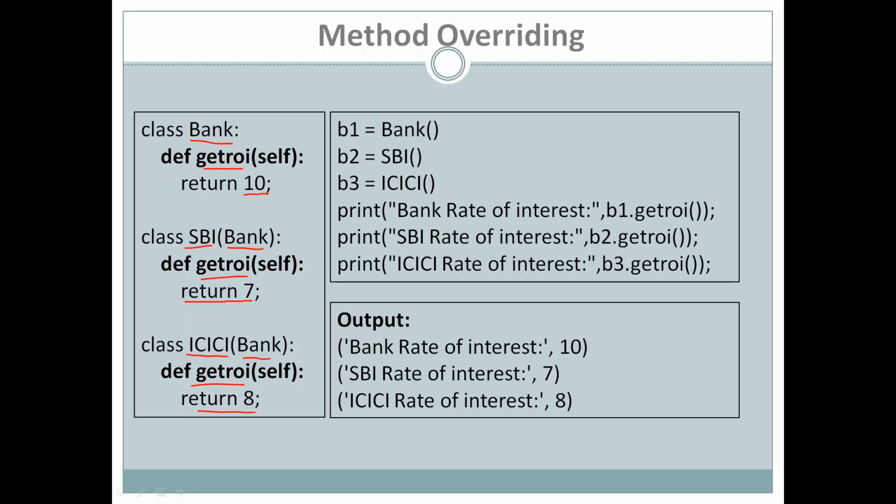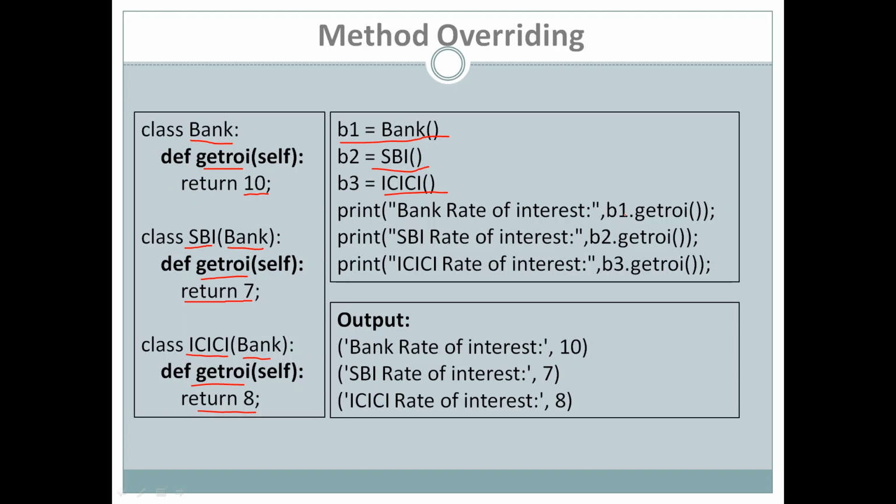So all three classes have the get rate of interest method, but the rate of interest in all three classes is different. SBI's rate of interest is different, ICICI's rate of interest is different, and Bank's rate of interest is different. When we create objects, you can see we have created an object of the Bank class, then SBI, and then ICICI, and the objects are b1, b2 and b3.